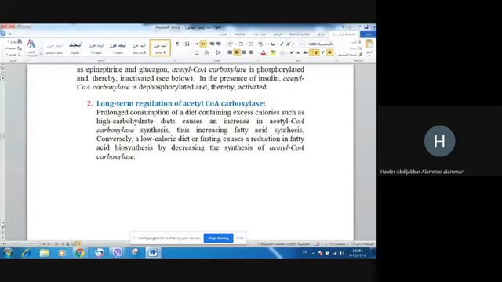This will convert the excess carbohydrate to lipid and enhance fatty acid biosynthesis. Conversely, low caloric diets in the fasting state cause a reduction in fatty acid biosynthesis.